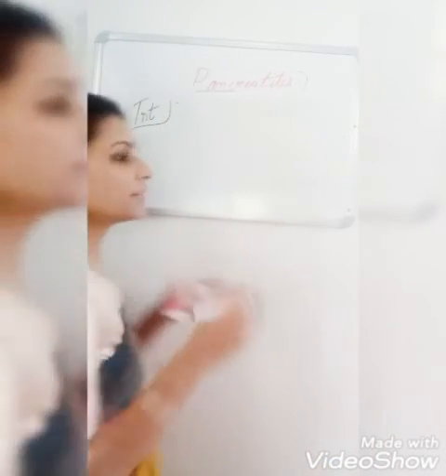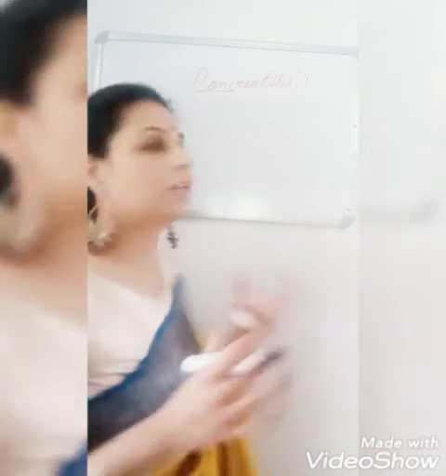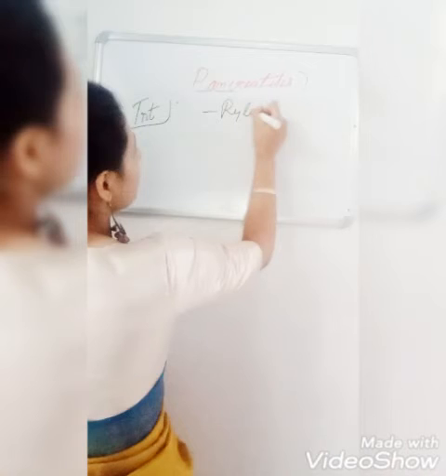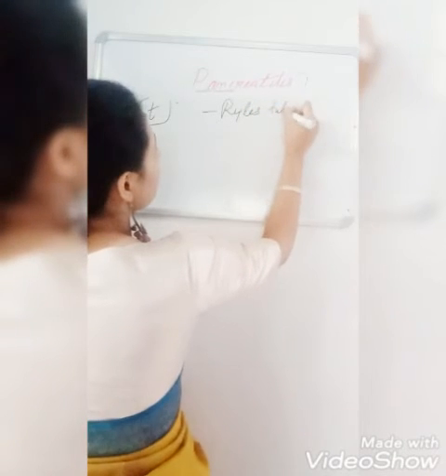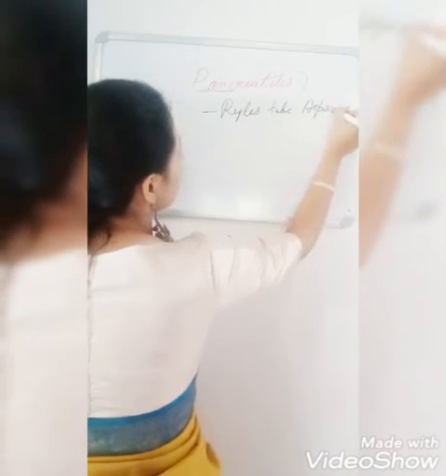Beside this, Ryle's tube aspiration. If there is accumulation of the fluid in the abdomen, that will lead to the distension of the abdomen and abdominal pain. So Ryle's tube aspiration is also done.